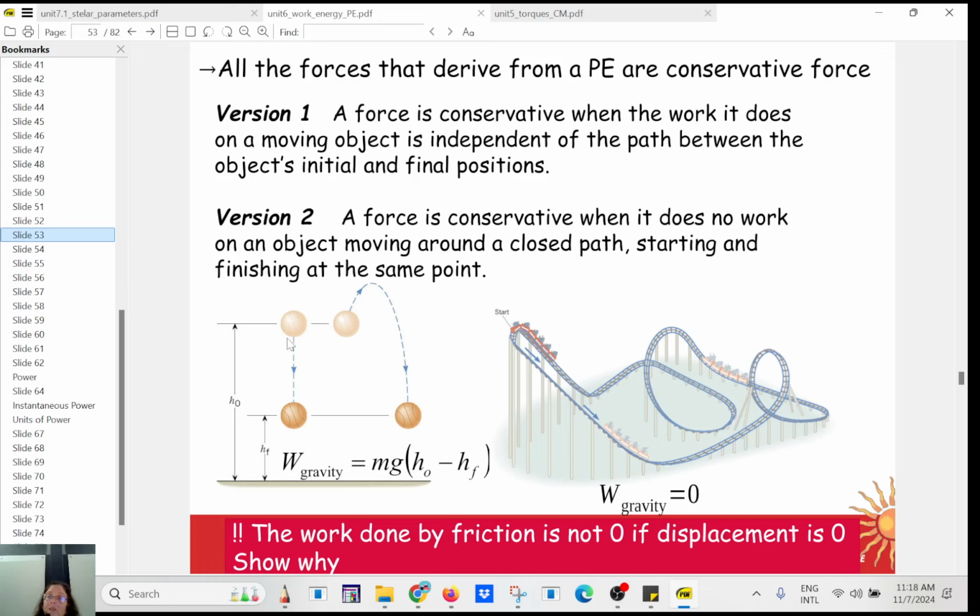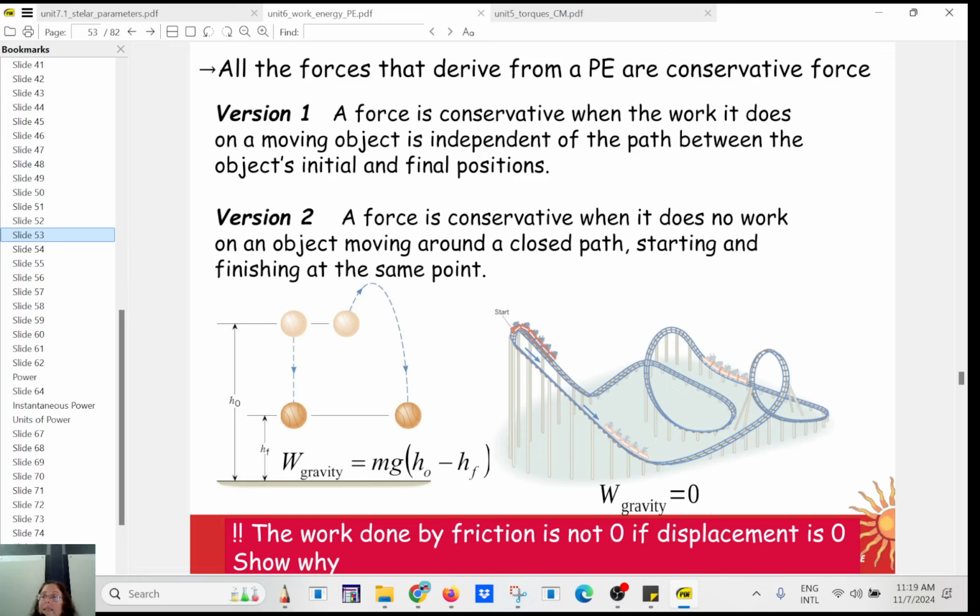Also, second definition, if you have a conservative force, the only thing that matters is your initial position and your final position. So it doesn't matter if you go from here to there or if you go from there to there. The total work done by gravity on that baseball will be the same because it only depends on the change, the displacement, yes.